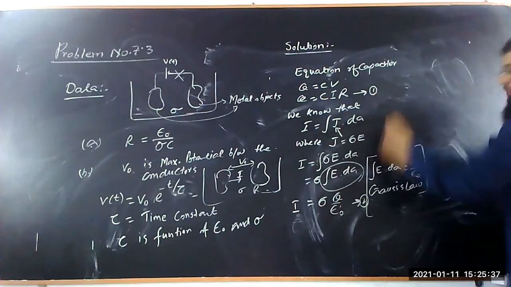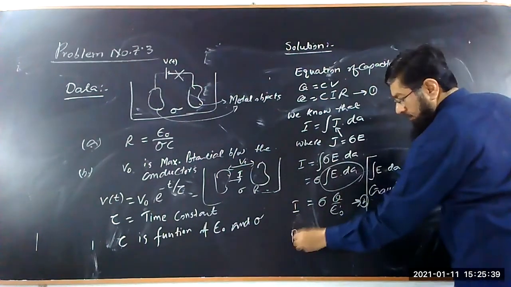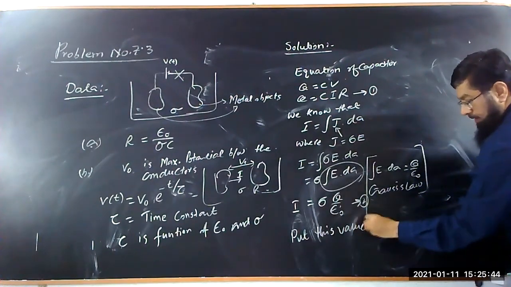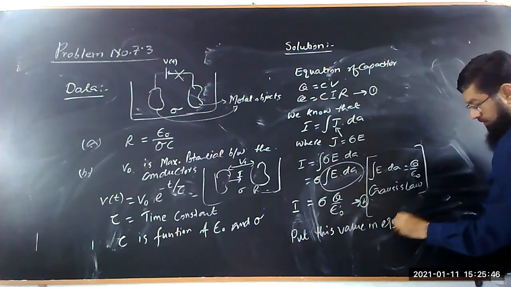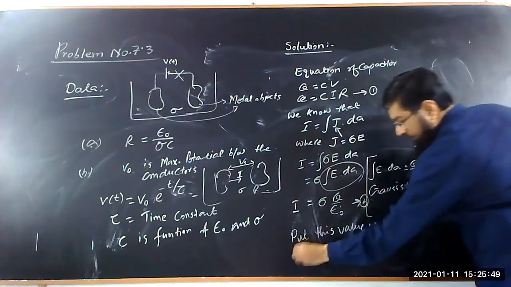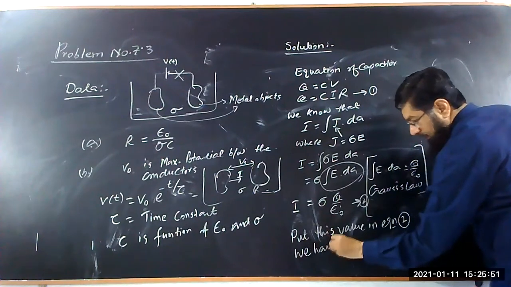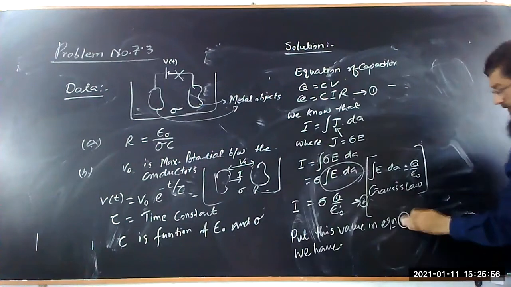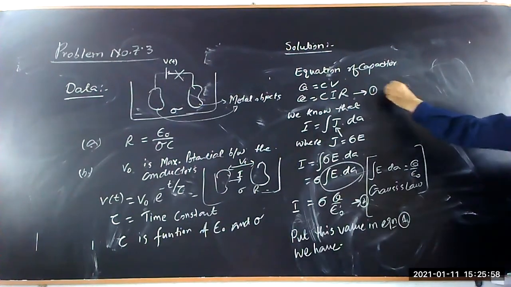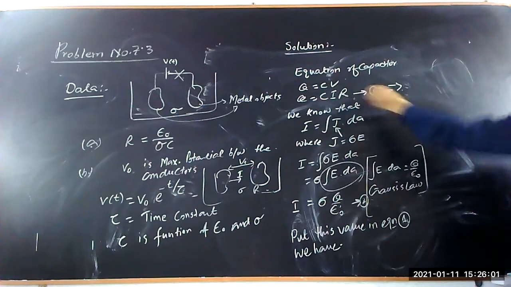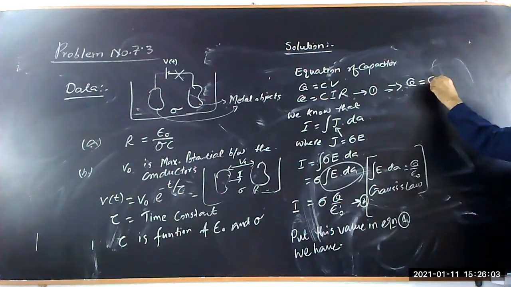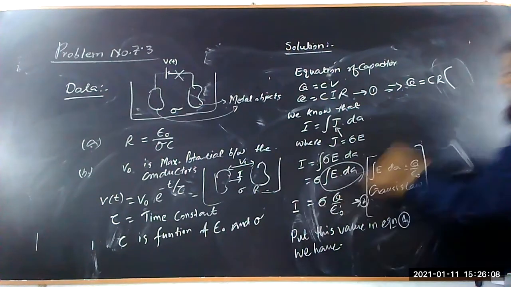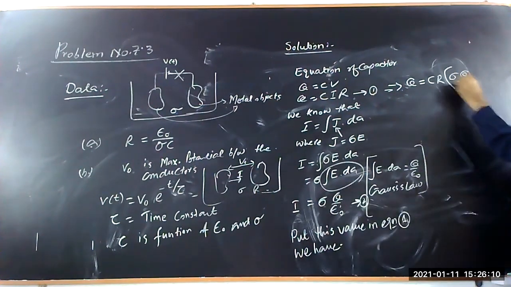Put this value in equation number 1. We have Q is equal to C R into I, and I is equal to sigma Q upon epsilon naught.